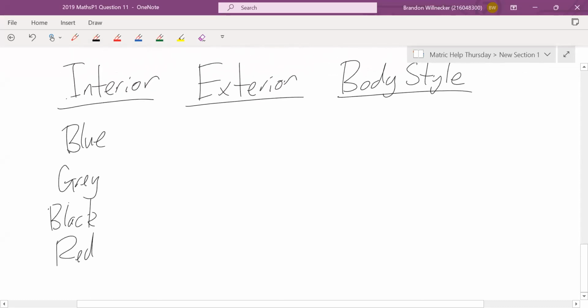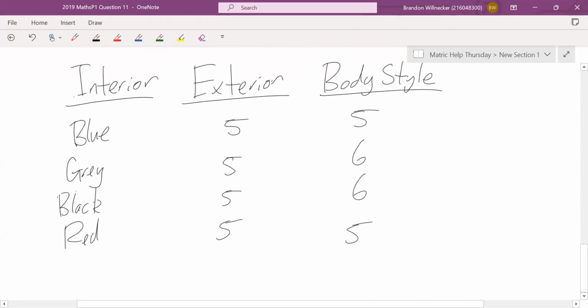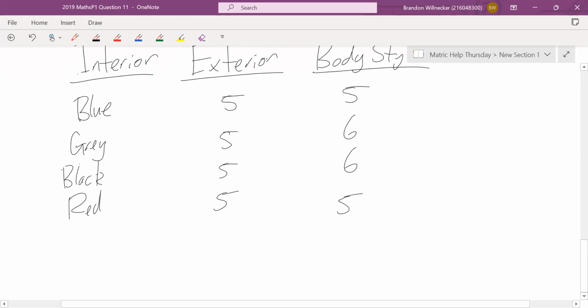Those were the options. What about the exterior? We have 5, 5, 5, and 5 possibilities to choose from. What about the body style? It's going to be 5, 6, 6, and 5. Those are the options that we can choose from.